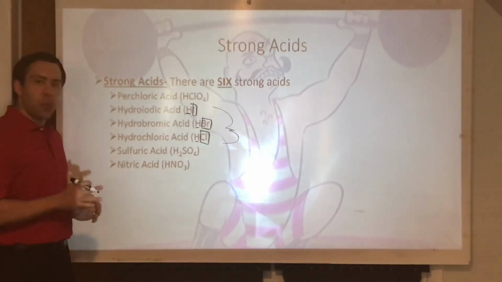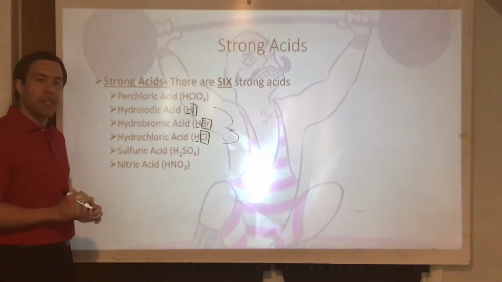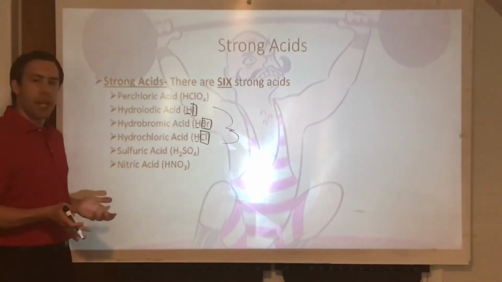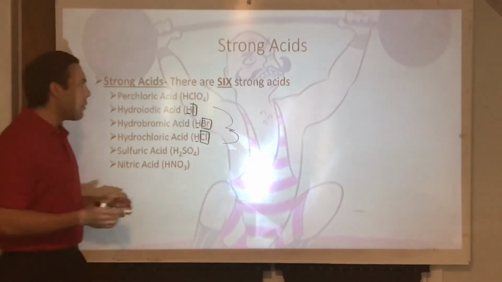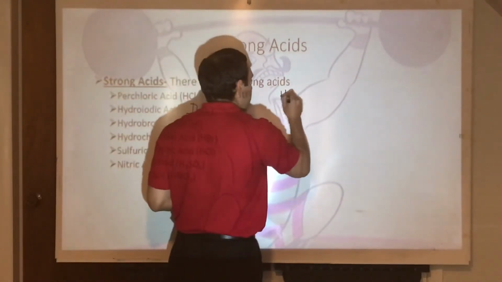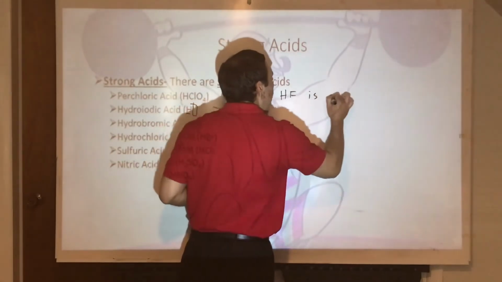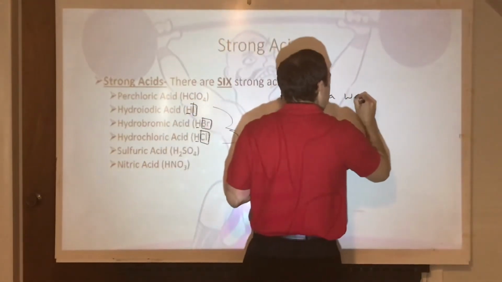Now, there is one group 17 element missing from this list, fluorine. HF, hydrofluoric acid, is a weak acid.